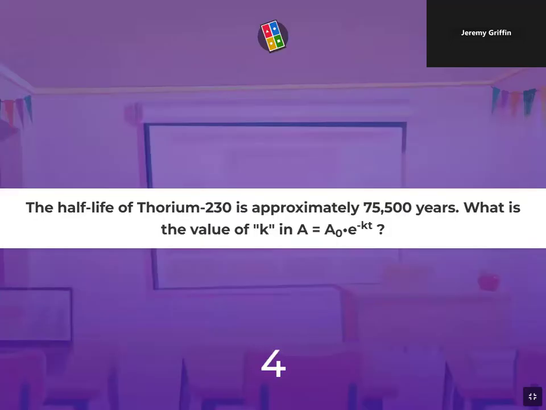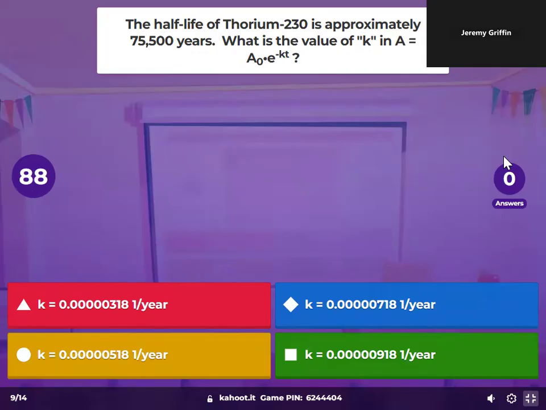Half-life of thorium-230 is 75,000 years. What's the value of K in an exponential decay? What would T be?